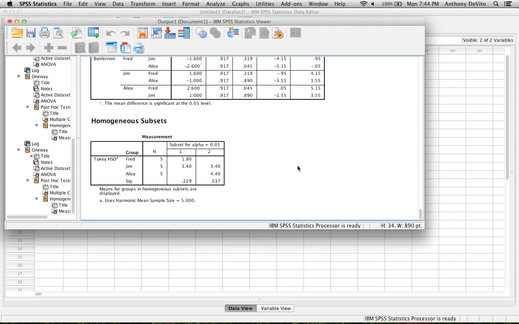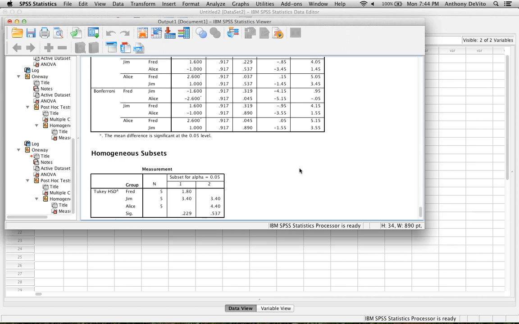Jim and Alice are greater than 5%, right? In other words, it's greater than 5% chance of being wrong. So we don't say that they're different; we don't reject the null hypothesis that they're the same. In other words, either the means are not far enough apart for Jim and Alice, or the variability for Jim and Alice when compared to each other is too great and they overlap.